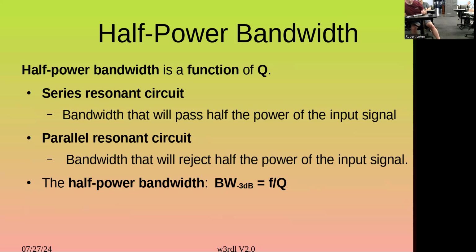As you get closer to the resonant frequency, the power that's going through it will get up to 0.707 or half power. And then on the higher end, you've got the same thing as it's decreasing. It'll be 0.707. So the frequency range between the upper and lower half power points is called the half power bandwidth. And that's defined as the frequency divided by the Q.